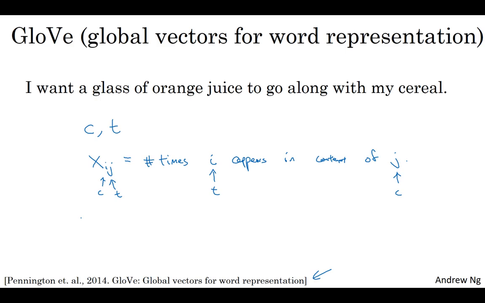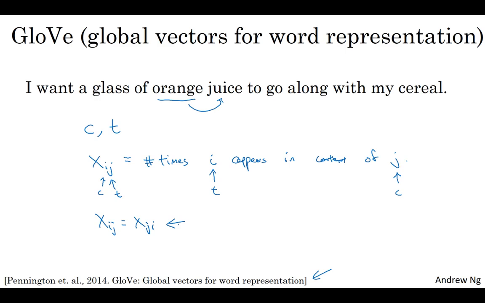And depending on the definition of context and target words, you might have that X_ij equals X_ji. In fact, if you're defining context and target in terms of whether or not they appear within plus or minus 10 words of each other, then it would be a symmetric relationship. Although if your choice of context was that the context is always the word immediately before the target word, then X_ij and X_ji may not be symmetric like this.